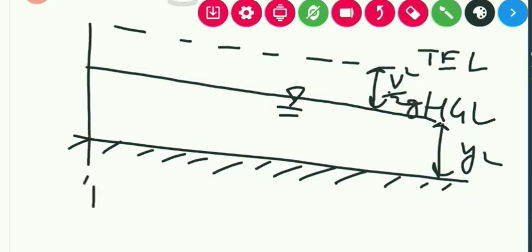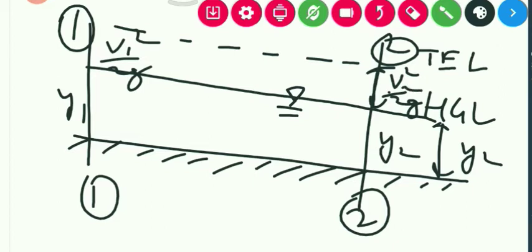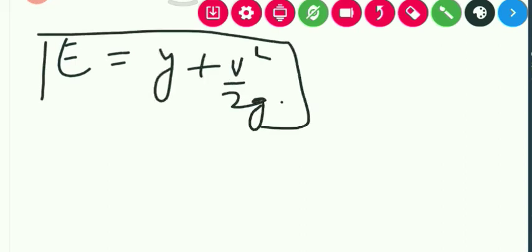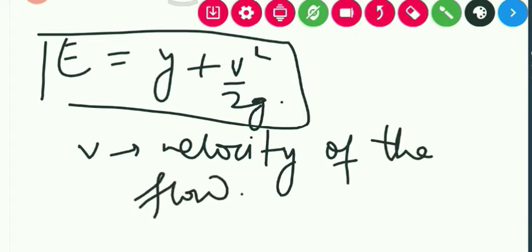So suppose we have two sections. This is section 1 and this is section 2. At section 1 the total energy line is at a height of v1 square by 2g, and this is y1. Here it is y2, and this is v2 square by 2g. So the specific energy is defined as y plus v square by 2g, where v is the velocity of the flow and y is the depth from the datum.